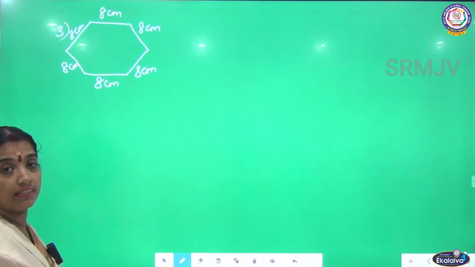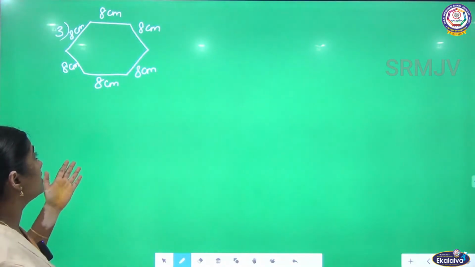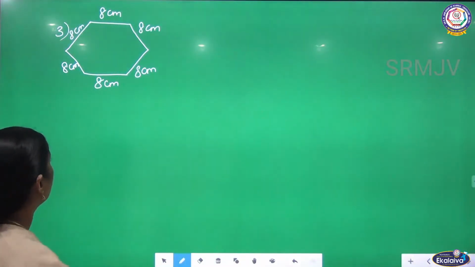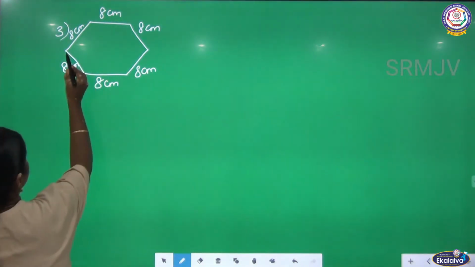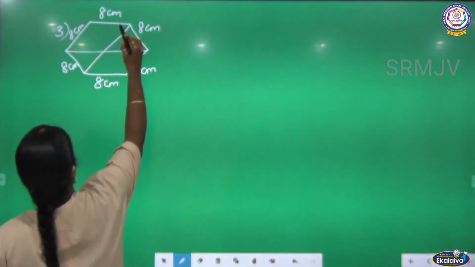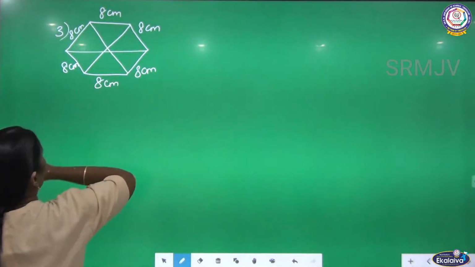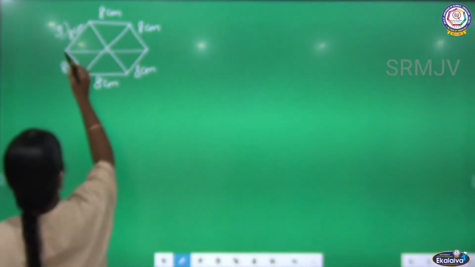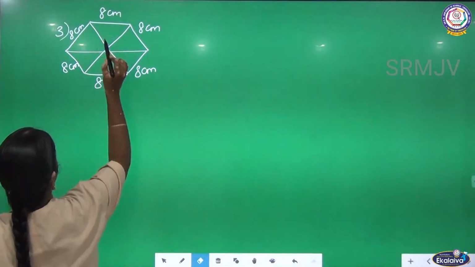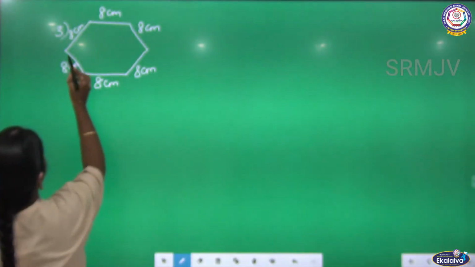When I am moving to the third sum, see, listen, 6 side hexagon. How am I going to divide this? Listen, if I join this line and if I join like this, I can get how many equal triangles? See this?